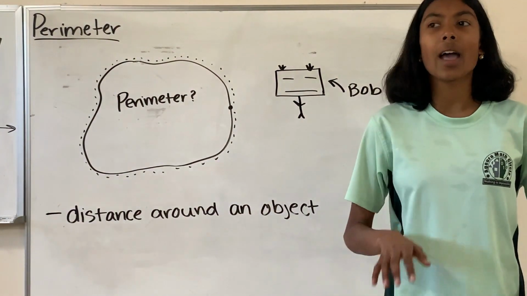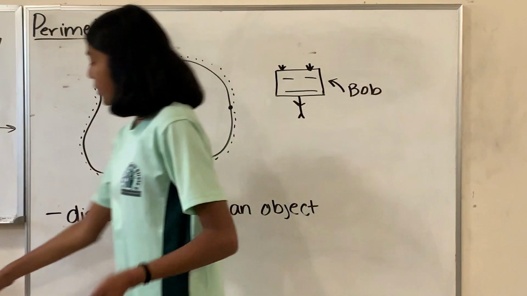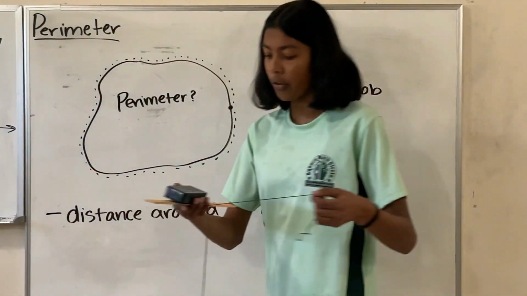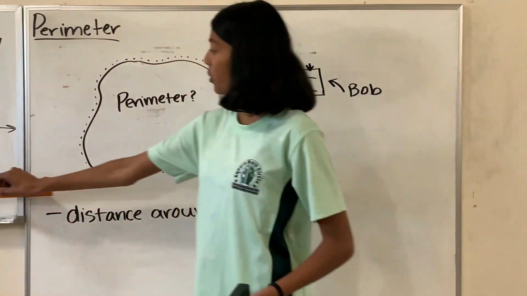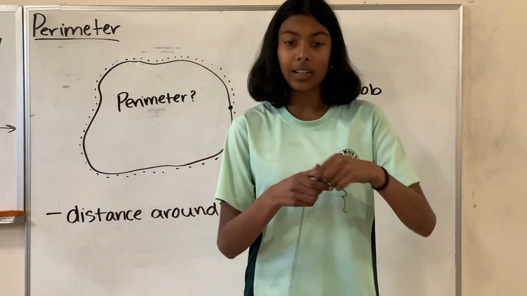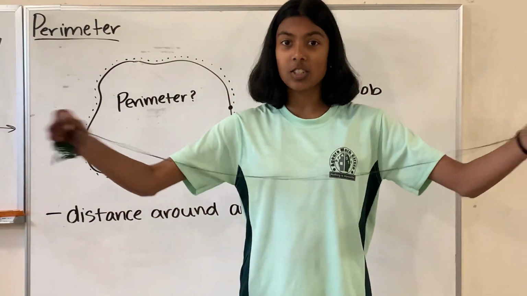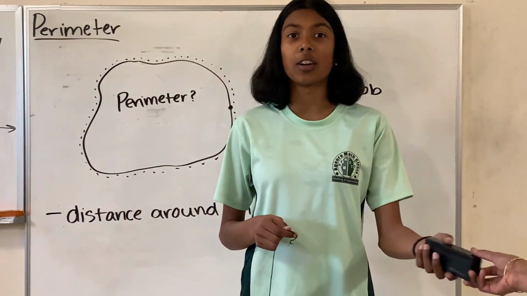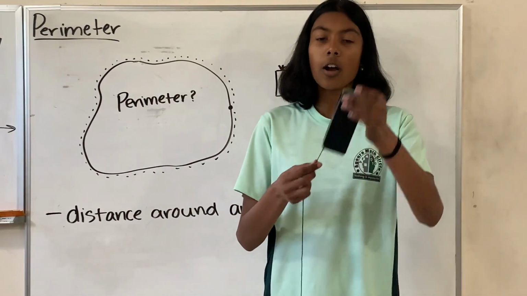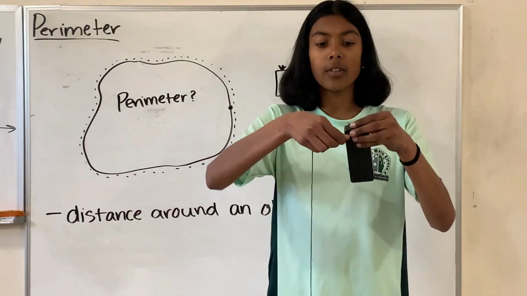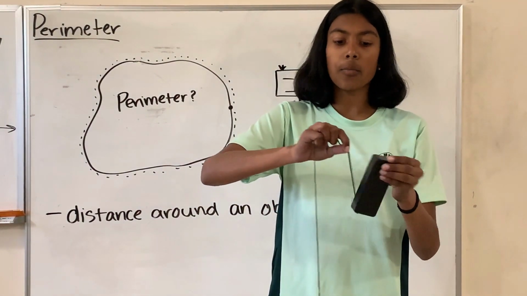Yay! So let's try an example right now. I have some string, a ruler, and an eraser. We're going to put the ruler aside for now, and we're going to take the string. This is going to be used for perimeter. I got my eraser back. We're going to take our string and wrap it around to find our perimeter.